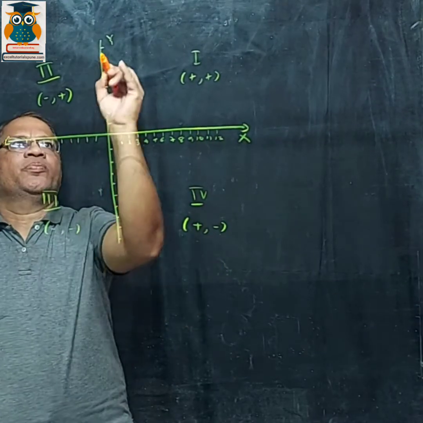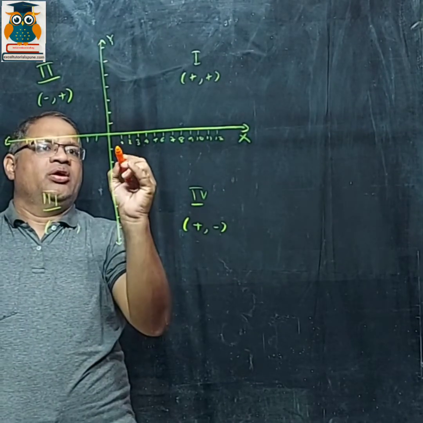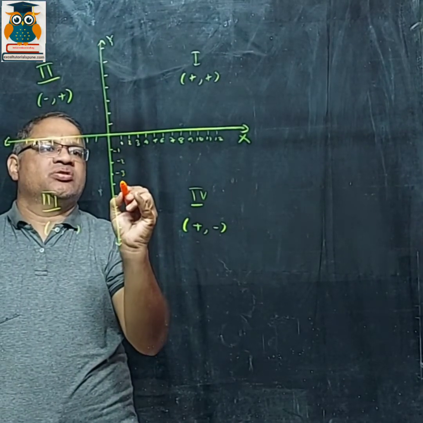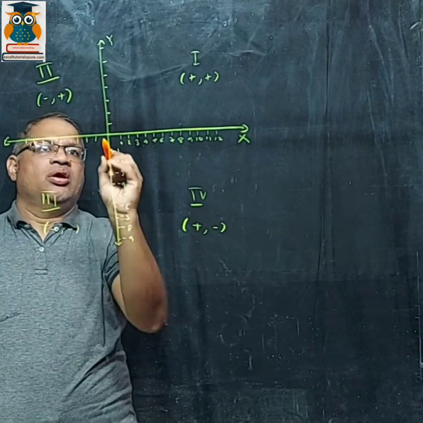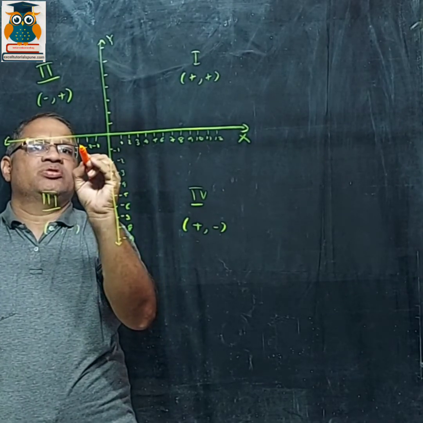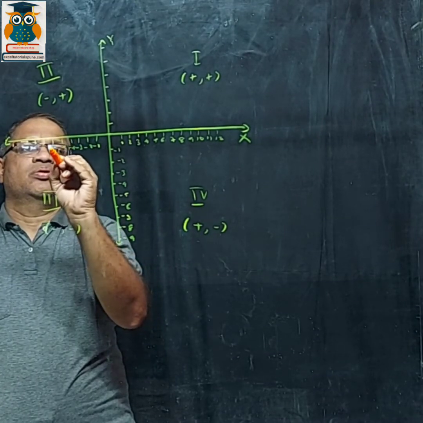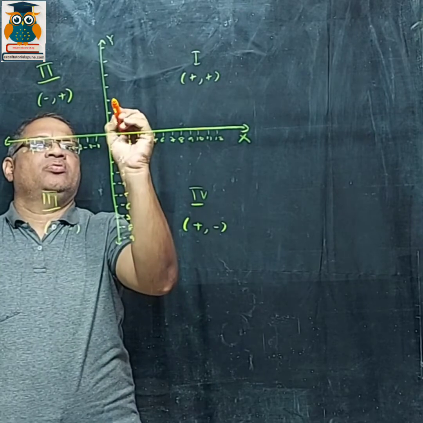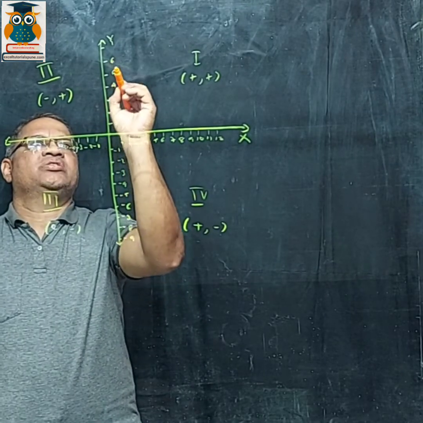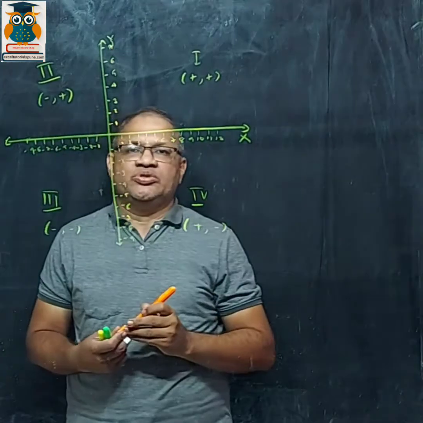It goes on. Here are all the negative terms, and here also negative terms. And here 1, 2, 3, 4, 5, 6, 7, these are the positive terms.